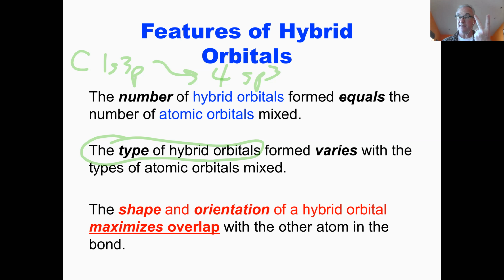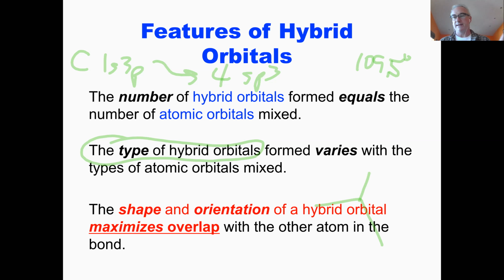If you're mixing 2 together, they're going to be linear. If you're mixing 3 together, they're going to be trigonal planar with 120-degree angles. And as you just saw, if we mix 4 together, they're going to be tetrahedral with 109.5-degree bond angles, and so on and so on.